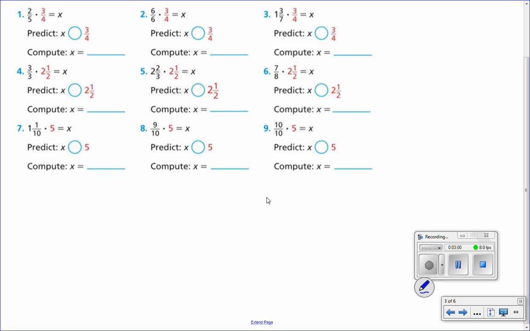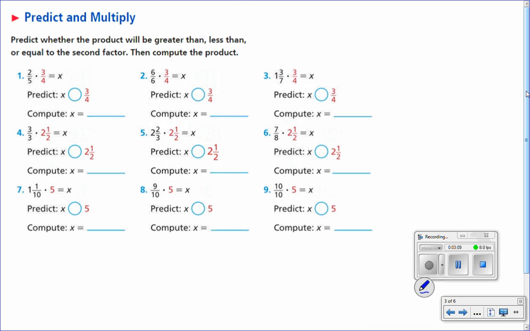So let's look at 2/5 times 3/4. I'm looking at number 1 here. 2/5 of 3/4. Is that answer going to be greater than or less than 3/4? I'm hearing less than, which would be right, because we know you're taking 2/5 of 3/4, which means it's going to be smaller than 3/4.